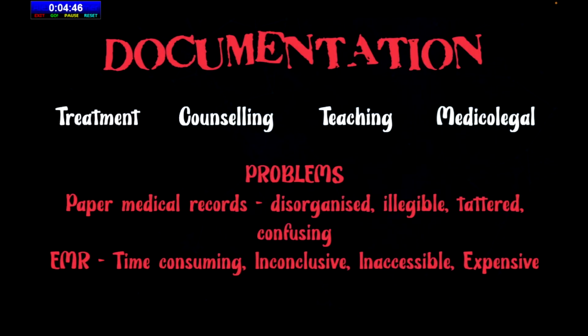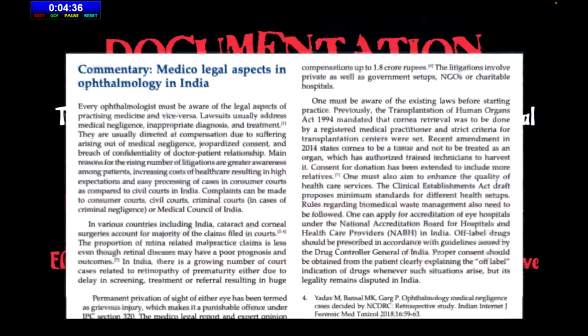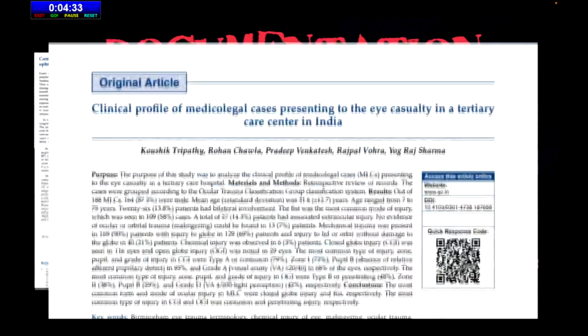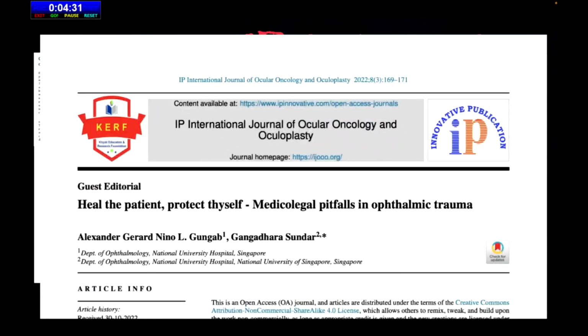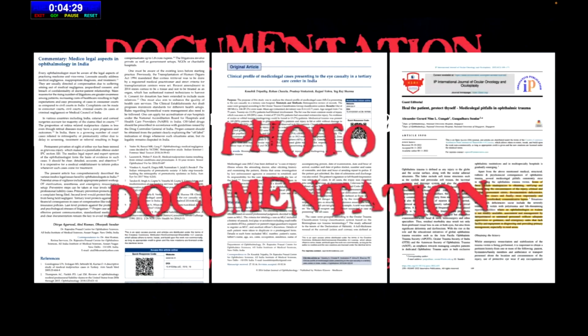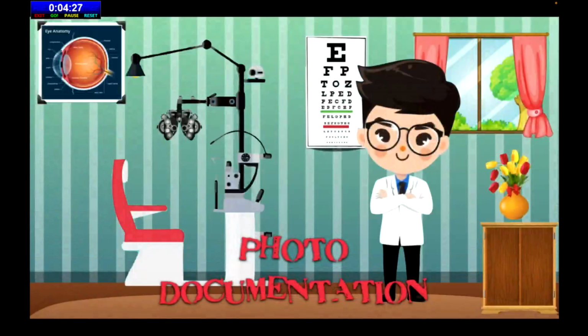And we know that handwritten paper medical records are very difficult, disorganized, and illegible, and EMR takes time. It takes time to document, and also the next person who sees it is not able to comprehend what is written properly. And there are articles saying that documentation should always be supported by photo documentation.